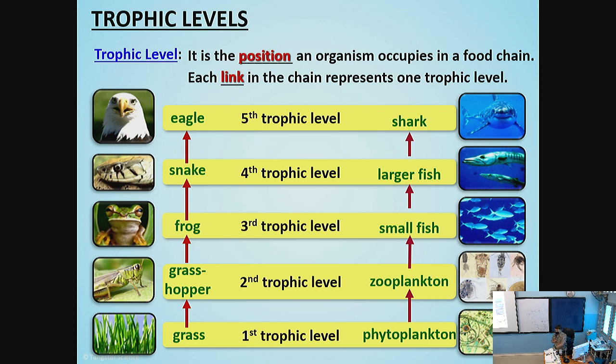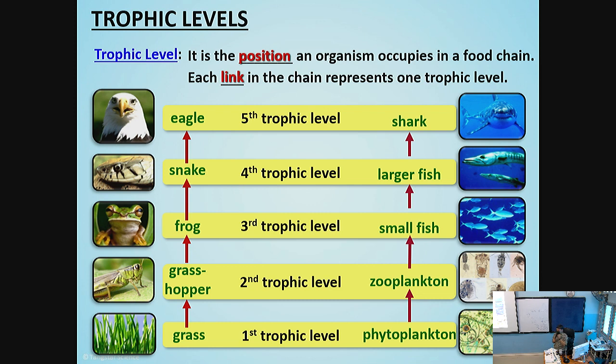In your worksheet, based on the direction, place the organism in each food chain into the proper location on the energy pyramid. Acorn, where to put the acorn? In the first trophic level.